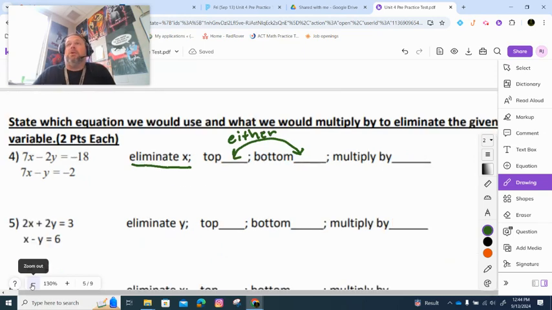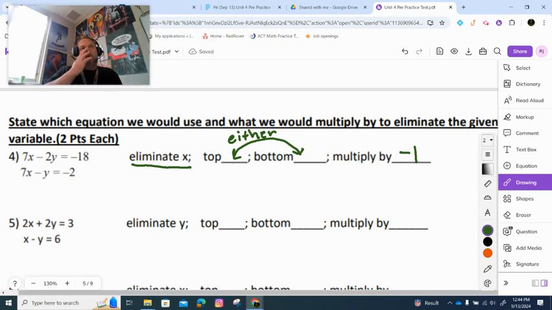What would we have to multiply by for something to not be a positive? A negative 1. Yeah, if you said top, it would have worked. If you said bottom, it also would have worked because they're both the same number. All right, I will try to make sure that is avoidable in the future.